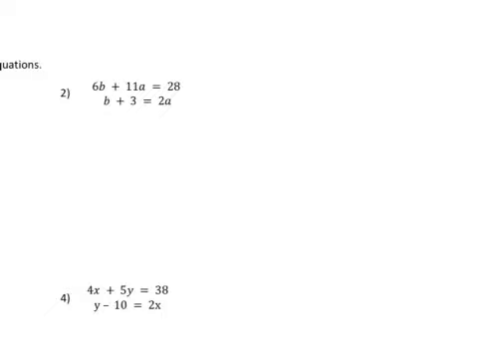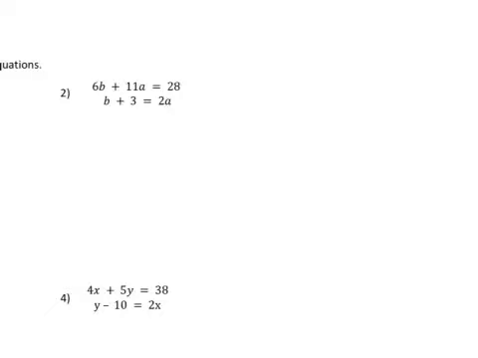Neither one is isolated. So our first step, if we're going to use the substitution method, is to isolate one of our variables. It doesn't matter which one we isolate, so what I would suggest is using the one that's easiest to isolate. When I look at these two equations, the bottom equation jumps out at me as being easiest to manipulate and work with.